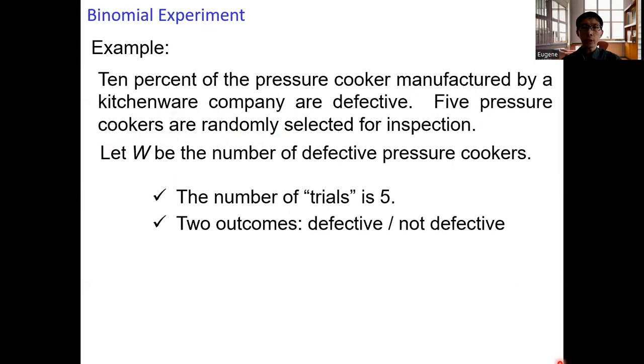The first 2 conditions, we have no problem. The number of trials is 5. There are only 2 outcomes, defective or not defective. We assume a very large population, so we can assume that the probabilities are constant throughout trials and the trials are independent.